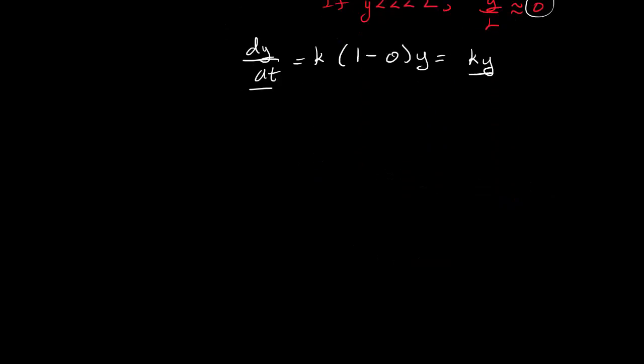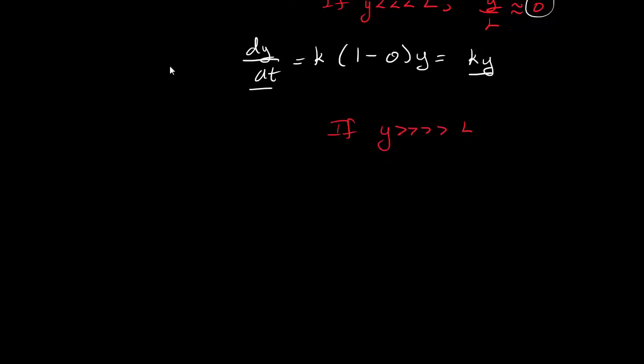And let's think of the last circumstance: if y is far, far greater than L. This is when we really don't have any model at all because we're going to get negative. Well, we do have a model, but it's negative. We're not going to worry about it in this circumstance because this is a little bit beyond the scope of Calculus 2.